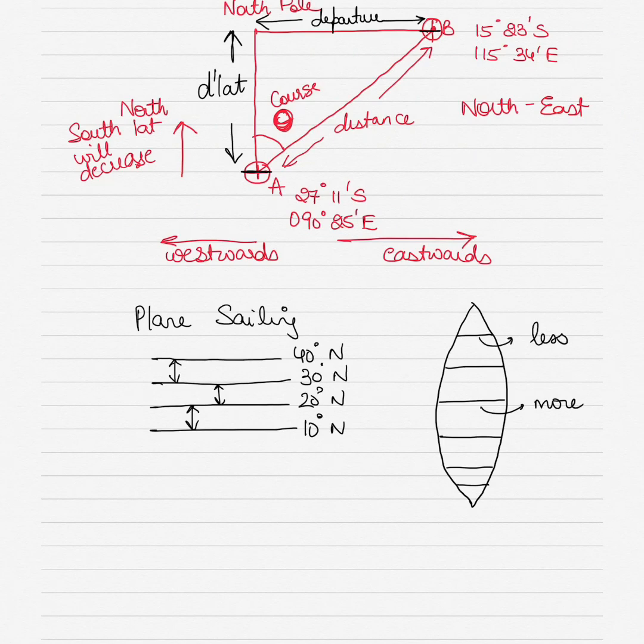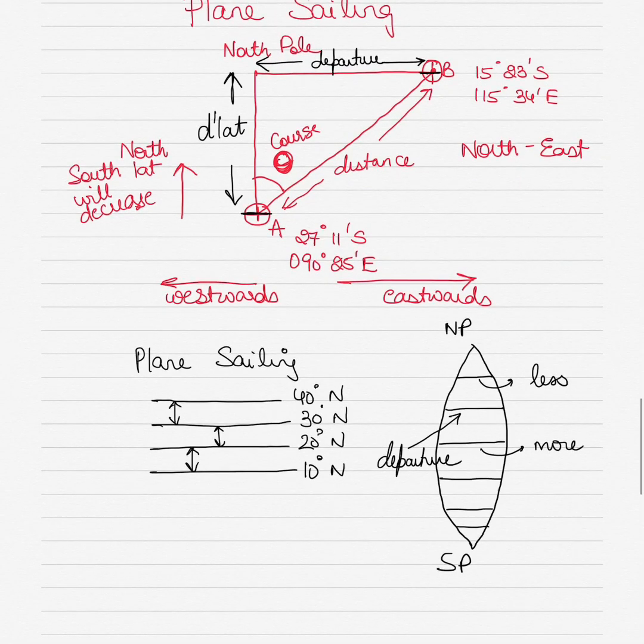So as you go towards the equator from the poles, if I call this North Pole and South Pole, you can see that the horizontal distance increases from the pole going towards the equator and then again decreases from the equator as you go towards the South Pole. So that's why we cannot call them d long, because the distance is not constant, and that's why these distances are called departure. Alright, so that is why you don't have d long in the plane sailing triangle.